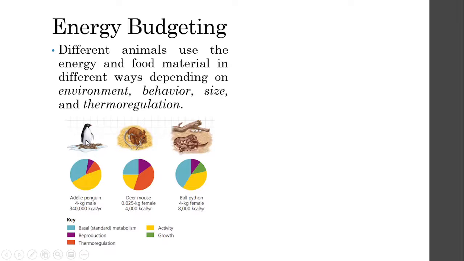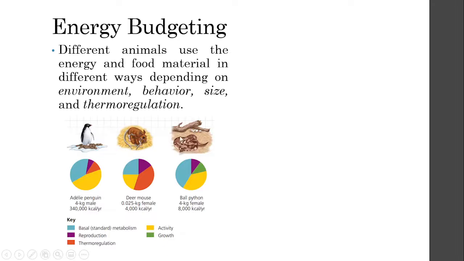But if you look at this deer mouse, the fact that it is much smaller, remember, per kilogram, one of the hypotheses is they have to use more energy to keep themselves warm. And here, the energy this deer mouse is using is much greater. It's allocating more energy to warming its body.